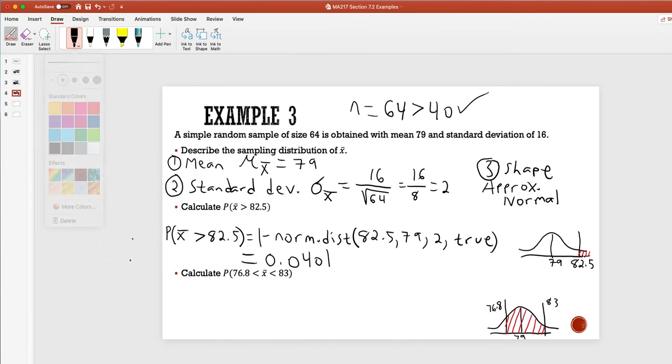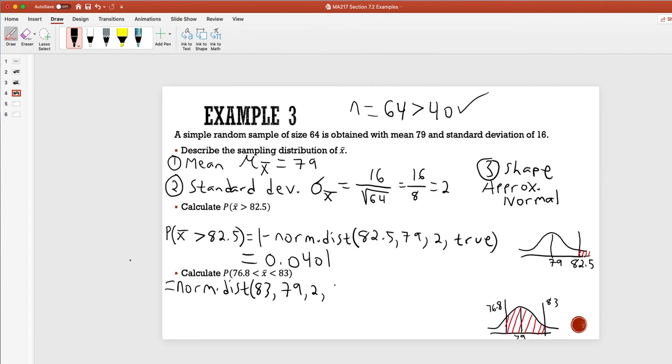So, for this calculation, due to the way Excel is, we need to take the probability of being less than 83. So norm.dist of 83, 79, 2, true.